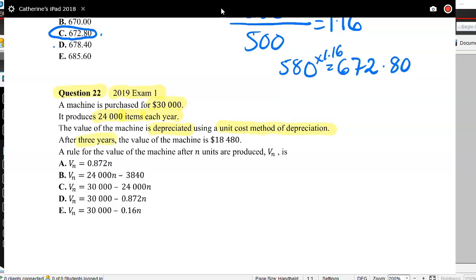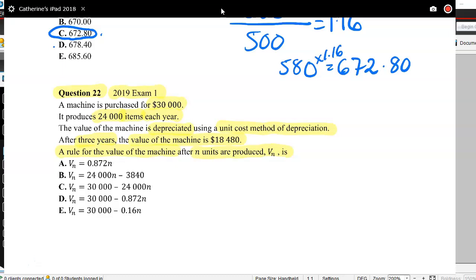After 3 years, the value of the machine is $18,480. A rule for the value of the machine after n units is produced, Vn, is, okay, so let's look at this.